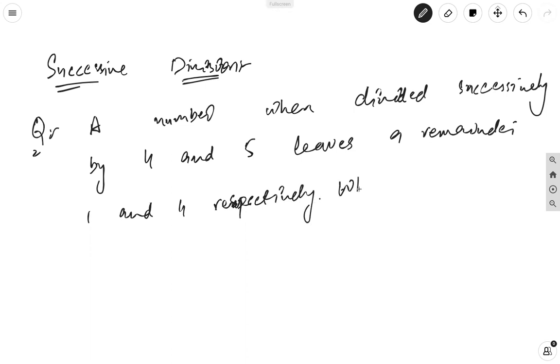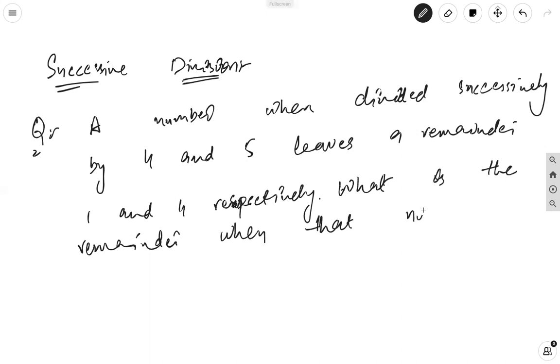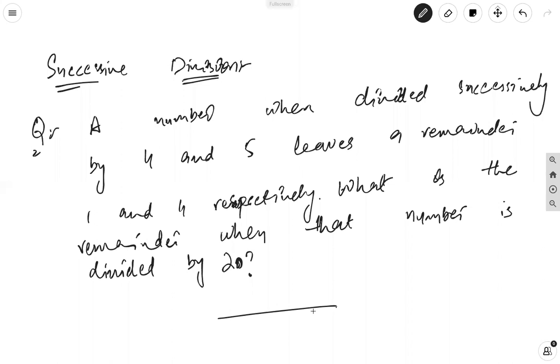What is the remainder when that number is divided by 20, not 12? Okay, solve this question.